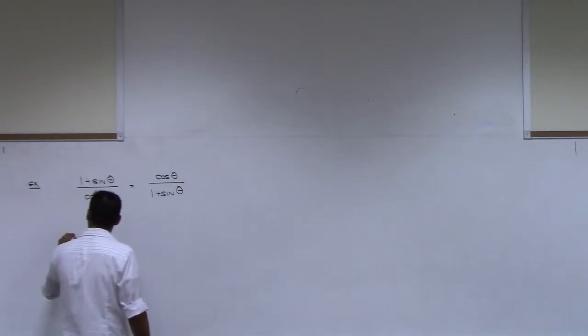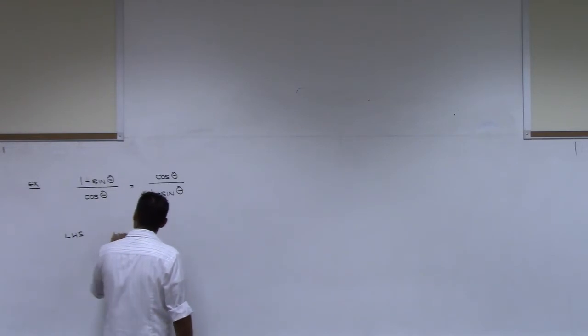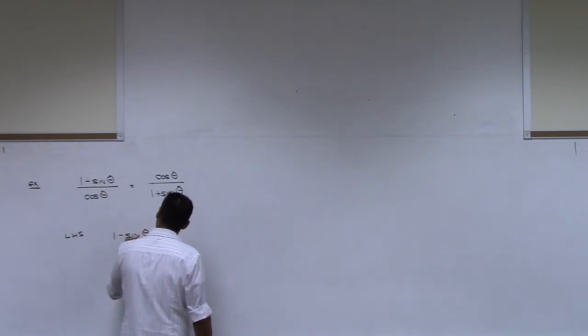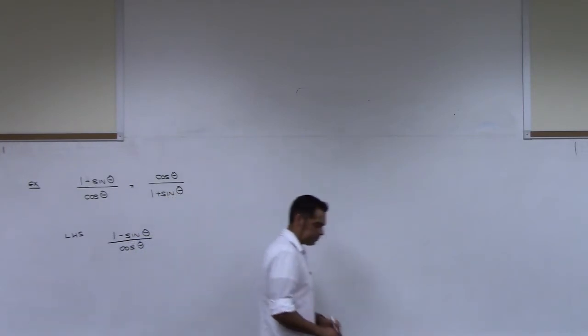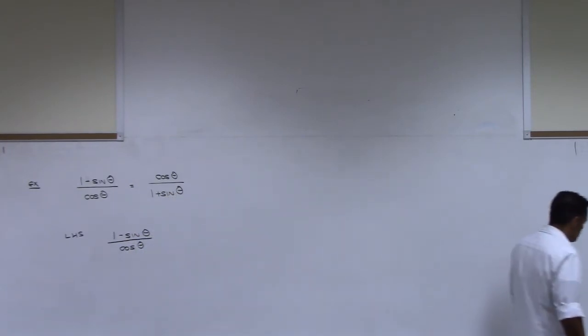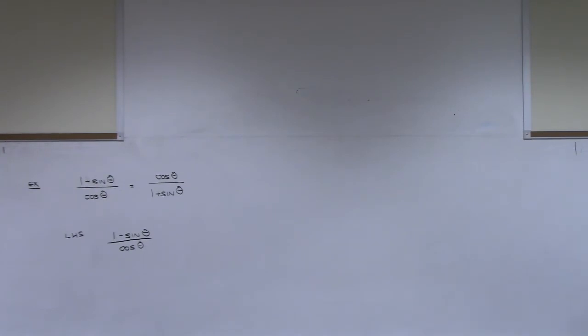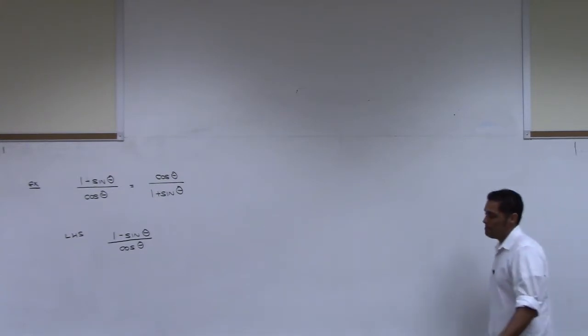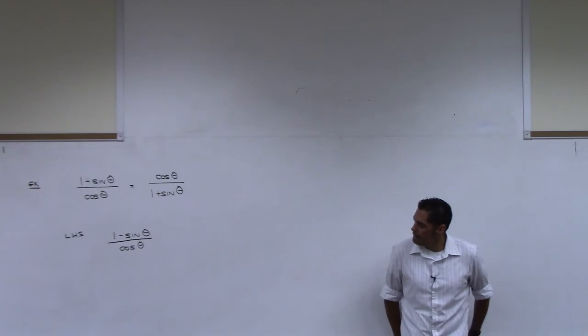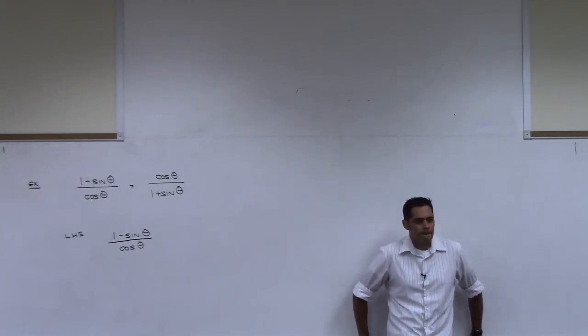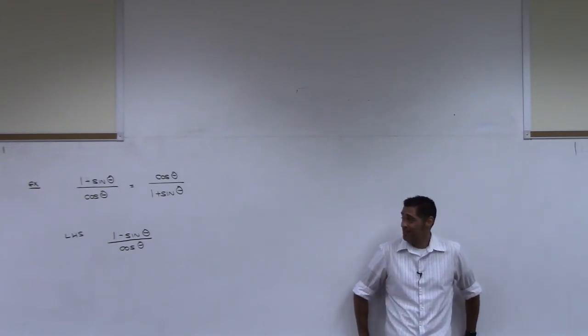I would go left. You want to go left still? You okay with that? Fine with that. Left-hand side. Here we go. 1 minus sine theta over cosine theta. Now look at what you're trying to turn that into. Any ideas?